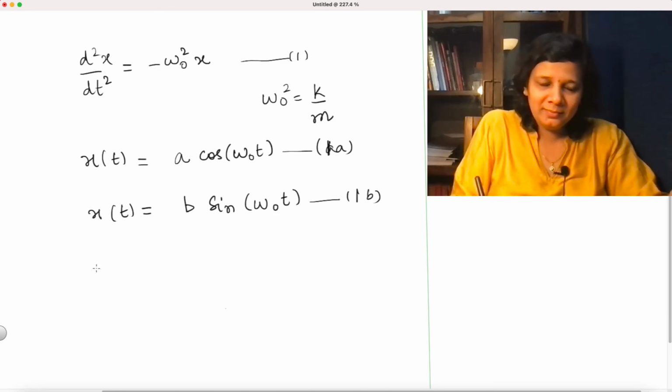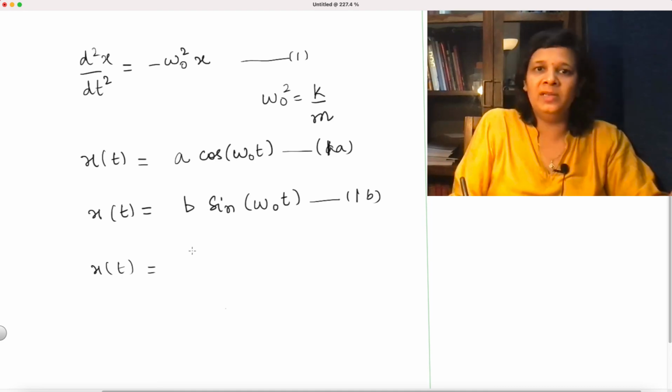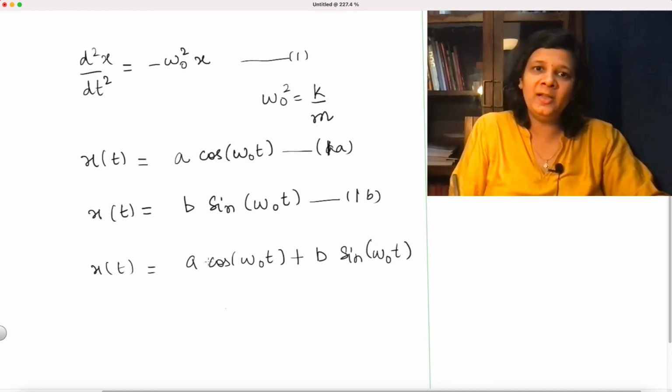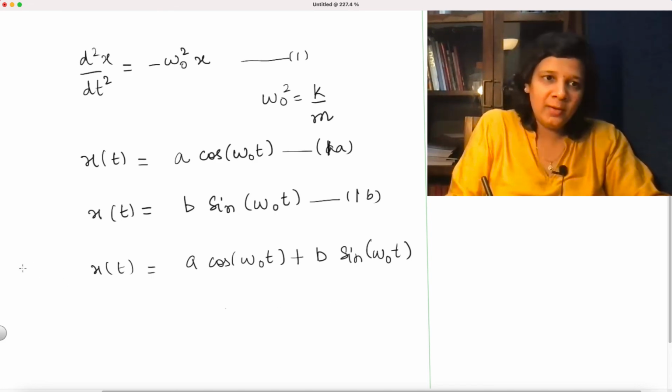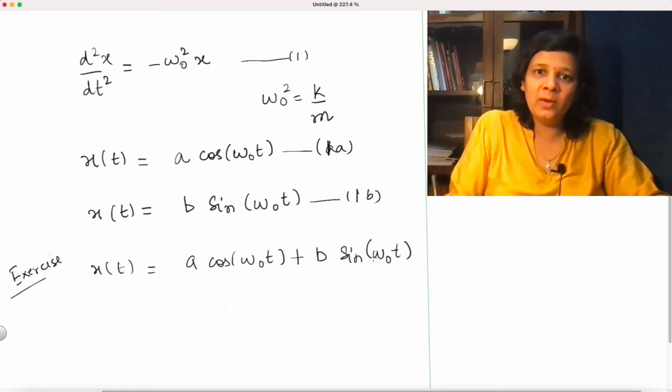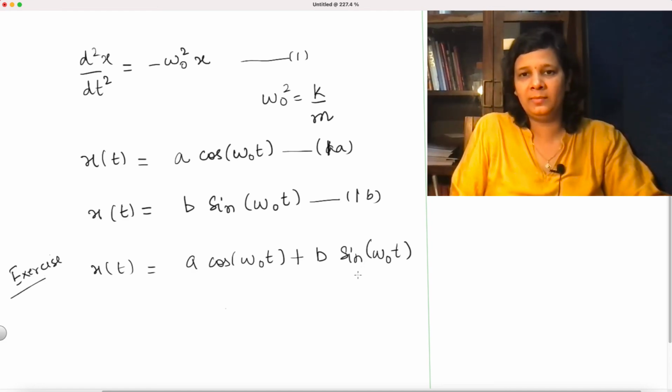Now, if I take the combination of these two, a cos omega naught t plus b sine omega naught t, I would like to give you an exercise to check whether this will also be a solution of equation 1.